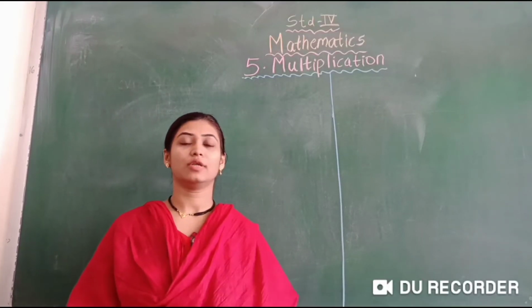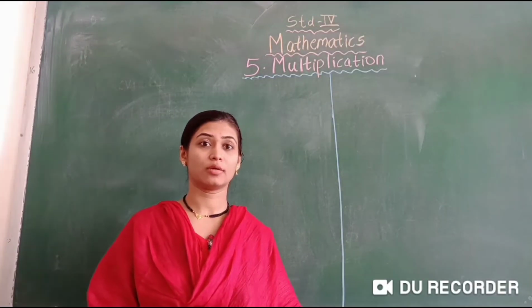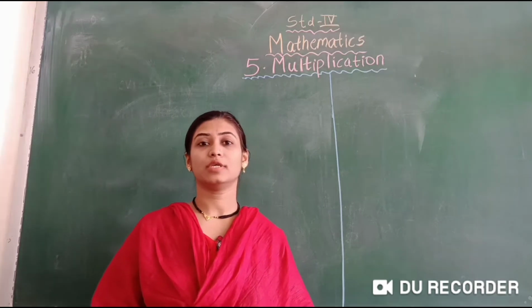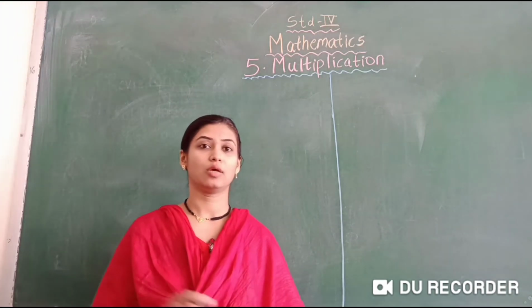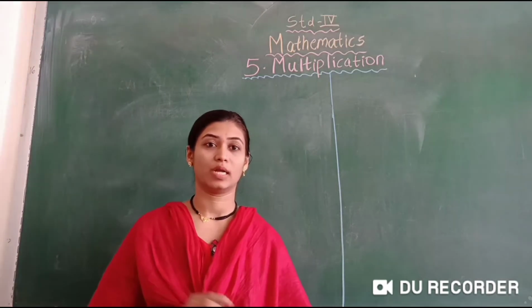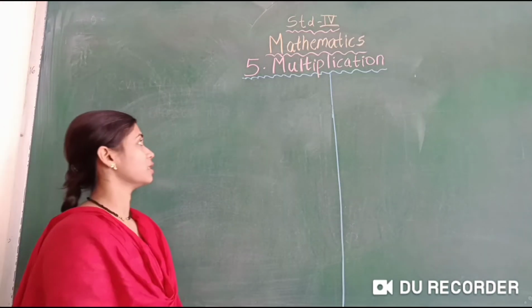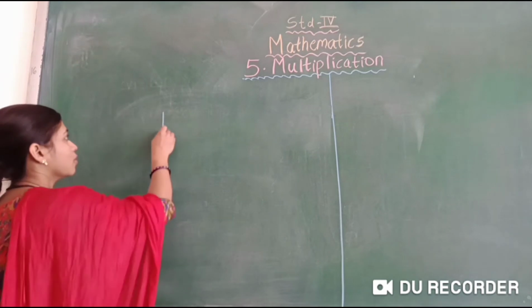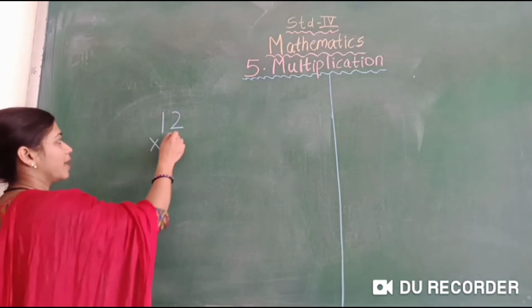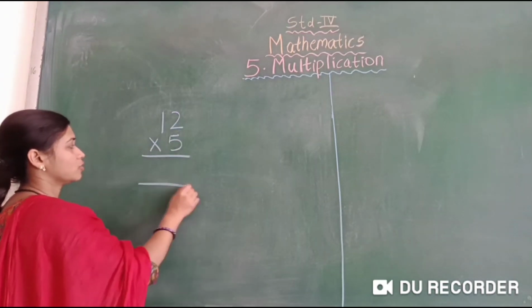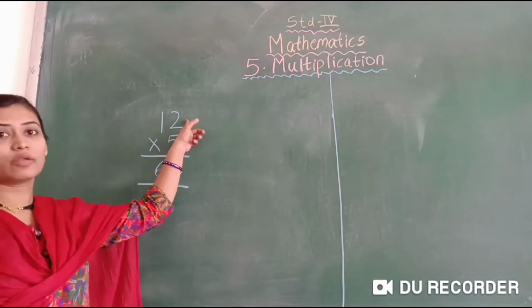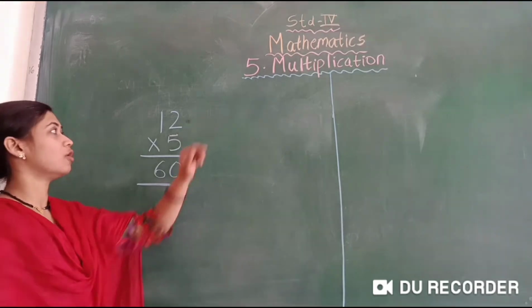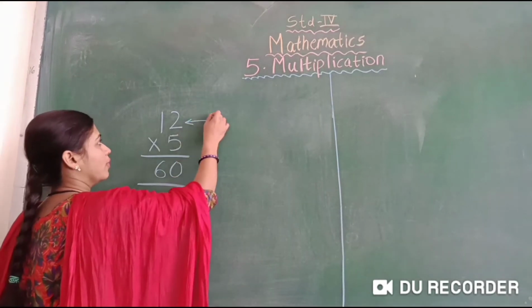Till now we have seen what we mean by multiplication, and we have seen the two properties of multiplication. Now we will see what we mean by multiplicand, multiplier and product. For example, 12 multiplied by 5 is equal to 60. The number which is getting multiplied is called the multiplicand.